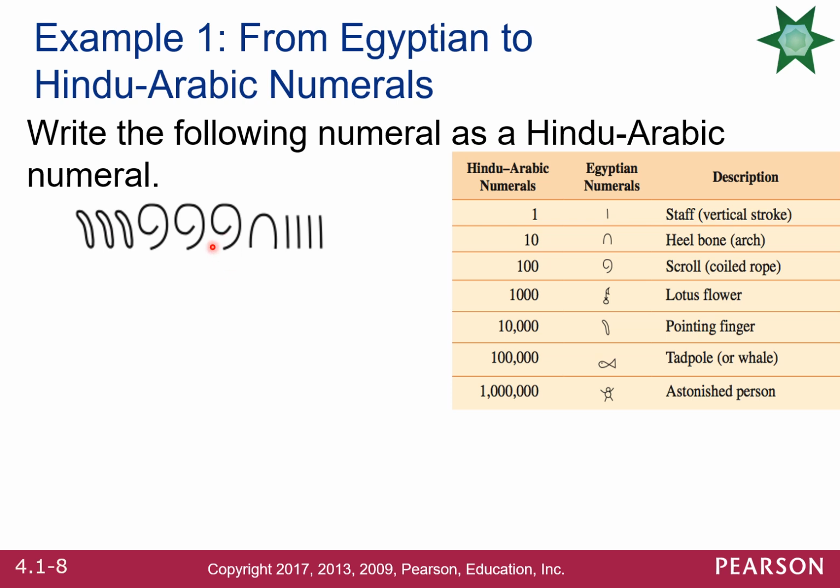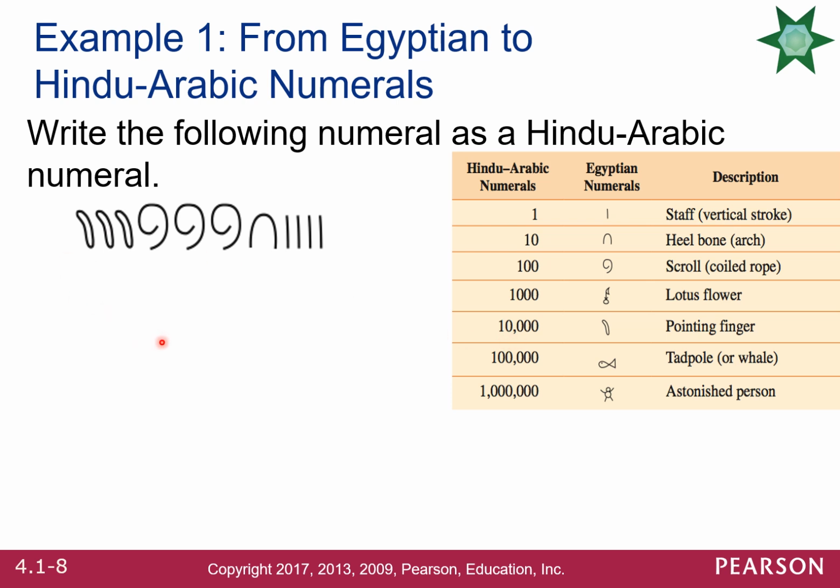And then there are 3 coiled ropes, so to speak. It says it's a scroll, and each of these represents the number 100 in our system. And then finally we have what's called a pointing finger in the description of this numeral, and that represents the number 10,000, right?